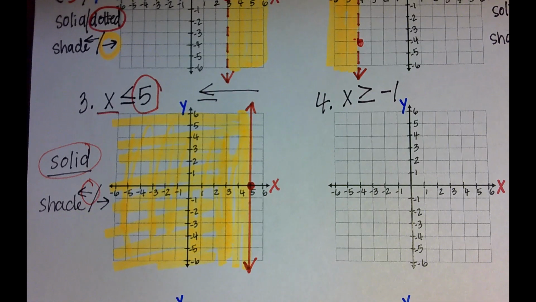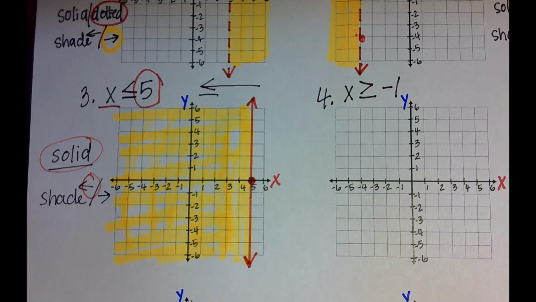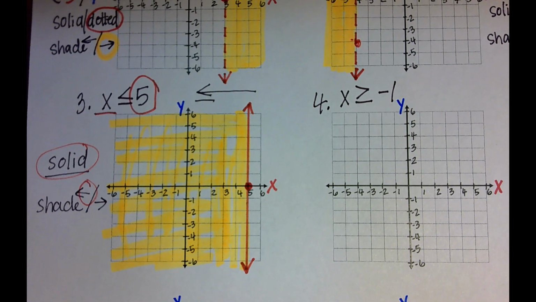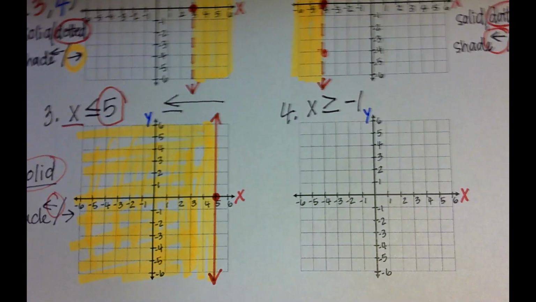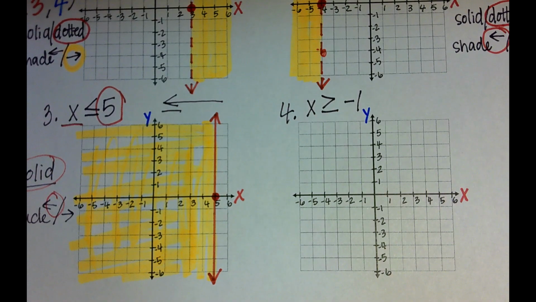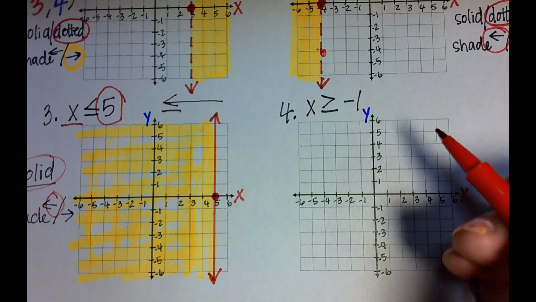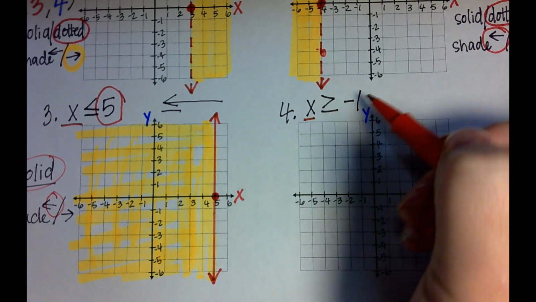Okay, let's do one more together, and then I'm going to give you 2 to try on your own. So now I have x is greater than or equal to -1. So what should I do first? Let's find my x, which is what? -1. Good.